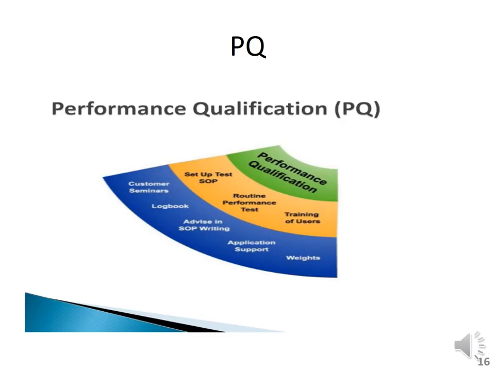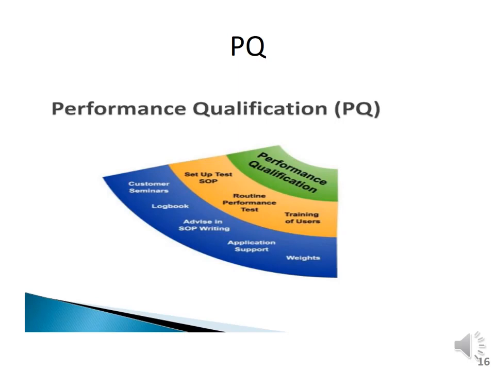In the third circle you can see the other important factors regarding the performance qualification: the customer seminars, seminars in which you are guiding the customers; logbook in which you are keeping the data, you are keeping the information according to the guidelines of the manufacturer about the performance; advice in the SOP writing, जो भी आपको as standard operating procedure है उसके अंदर if you are writing something, there is always a proper guideline about those writings.